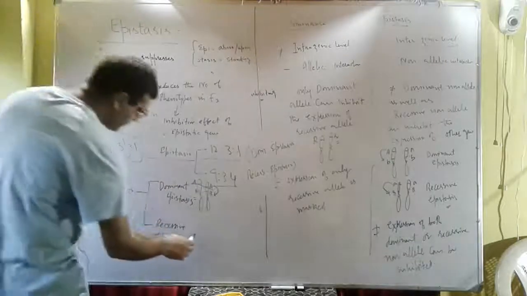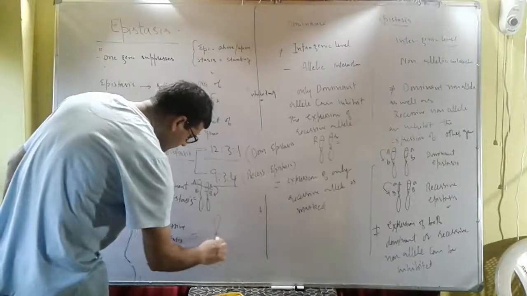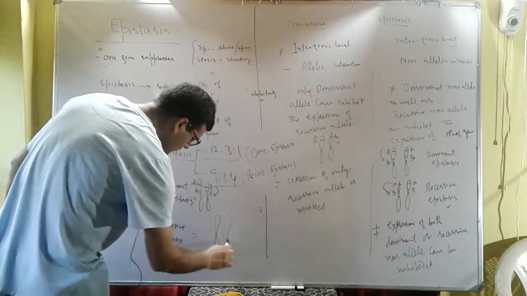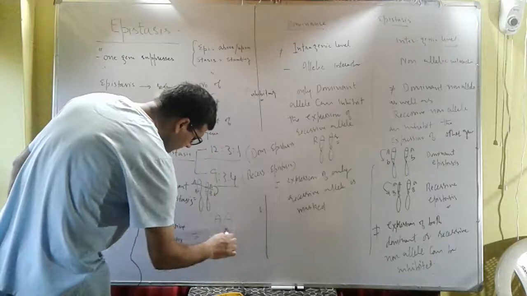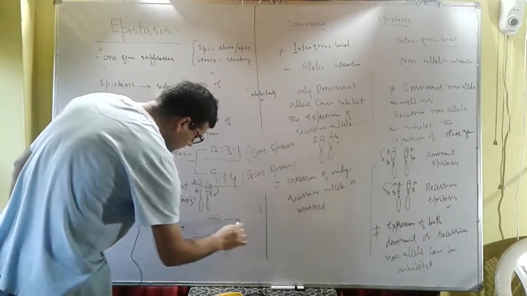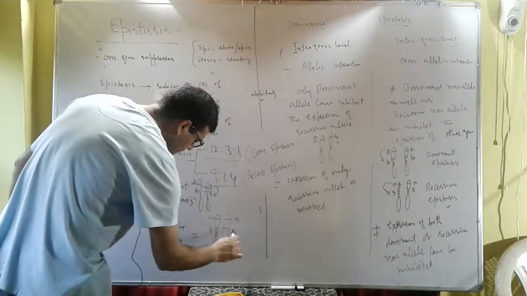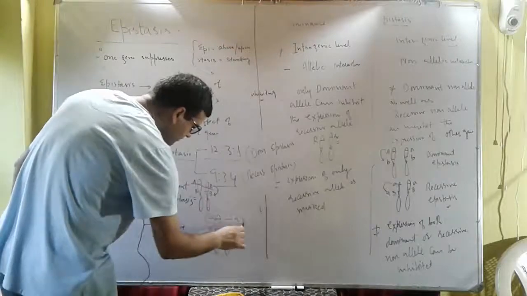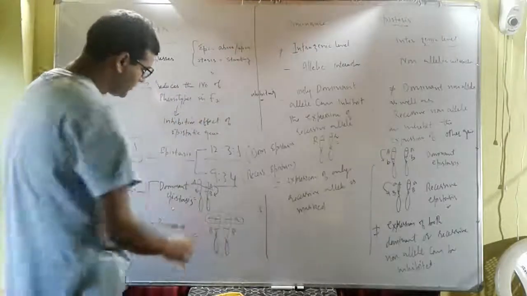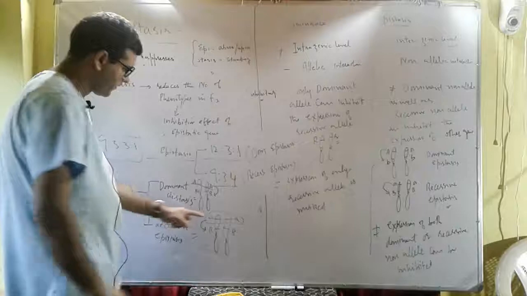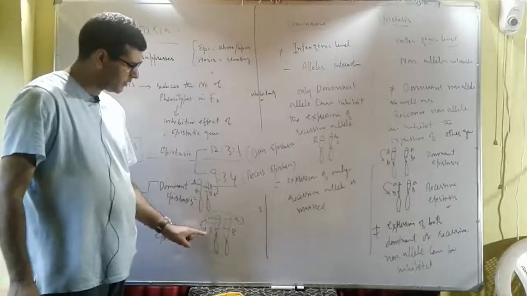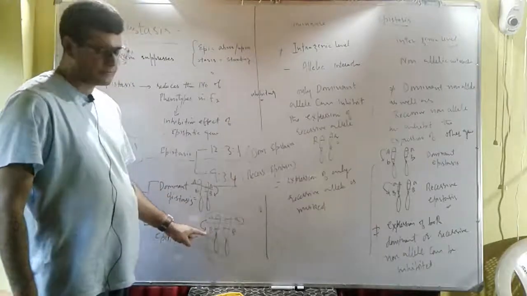And in case of recessive epistasis, we have small a, capital B. This recessive small a inhibits the expression of the other gene. This is called recessive epistasis.